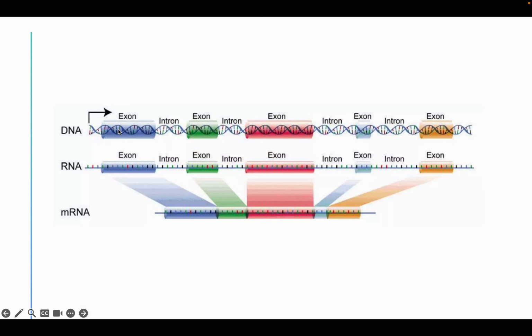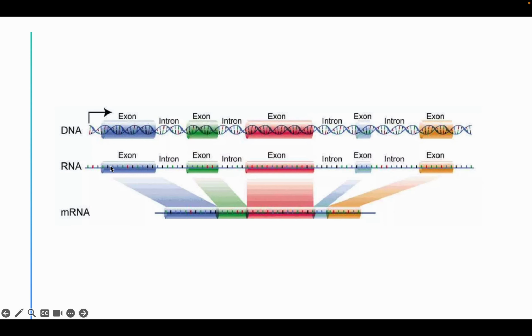So here is an example. You can see a region of DNA which contains exons, introns, different exons, different introns. When transcription happens, everything gets transcribed: all the exons, all the introns. When the processing occurs to remove the introns, that is the splicing, you see these introns are removed.